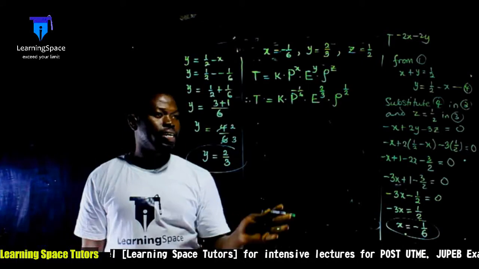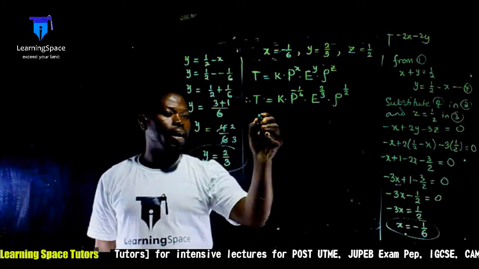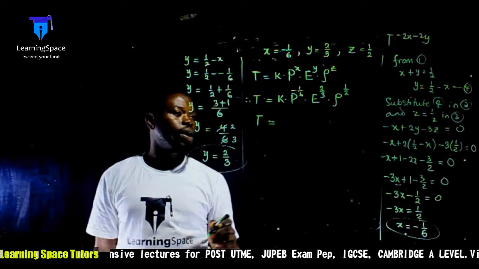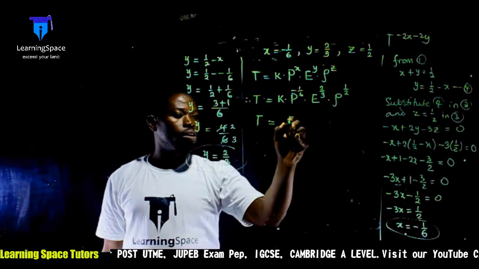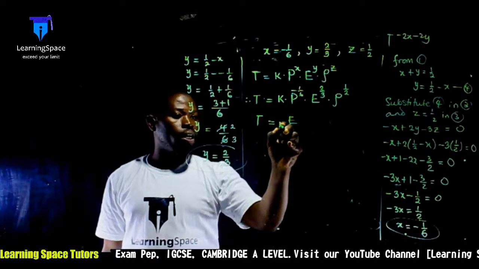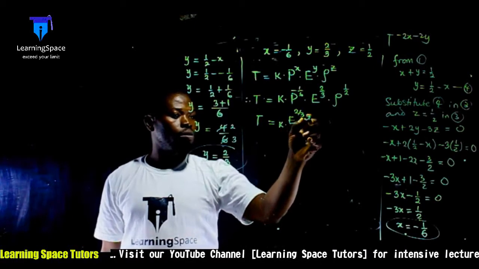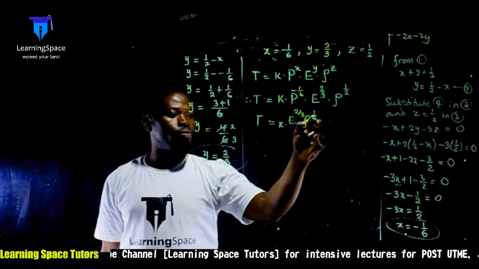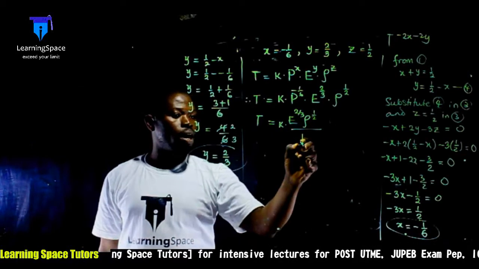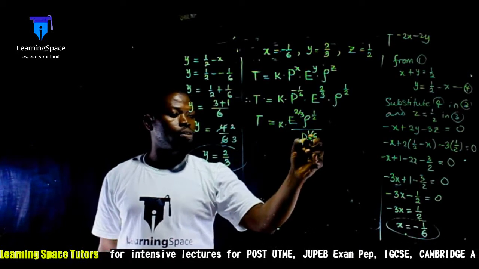If we like, we can simplify further by having E raised to power 2 over 3 times rho raised to power 1 all over 2, all divided by pressure raised to power 1 all over 6.